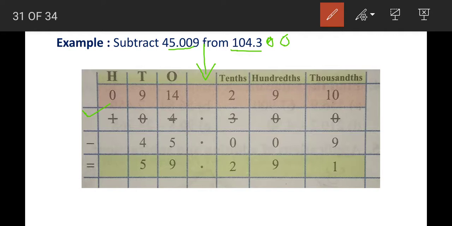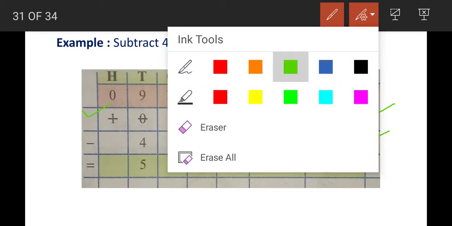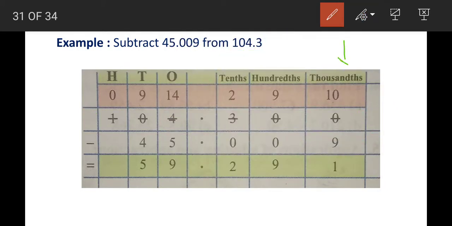So it becomes 104.300, and the other number is 45.009. Next step, you have to subtract from the right side. Look here, it is the thousandth place, so it is 0 minus 9, you can't subtract, so borrow from its previous digit.